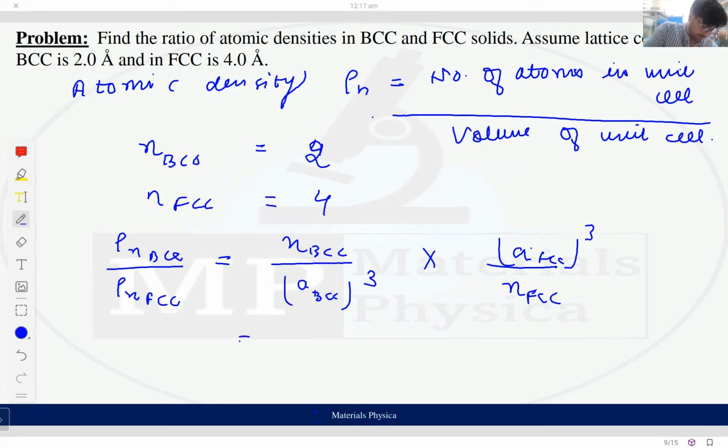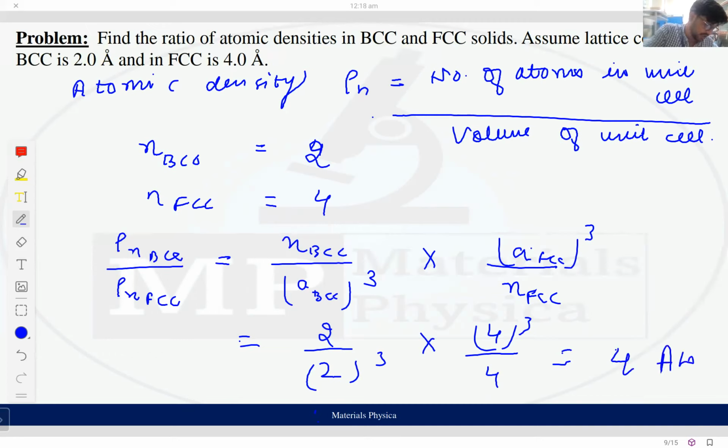So n for BCC is 2, the lattice parameter is 2 for BCC and 4 for FCC, and n for FCC is 4. When we solve it we will get the answer 4.